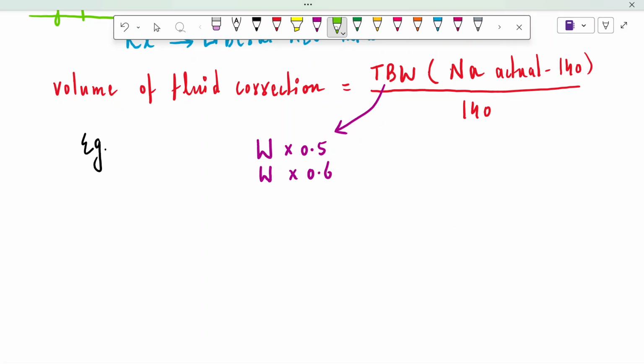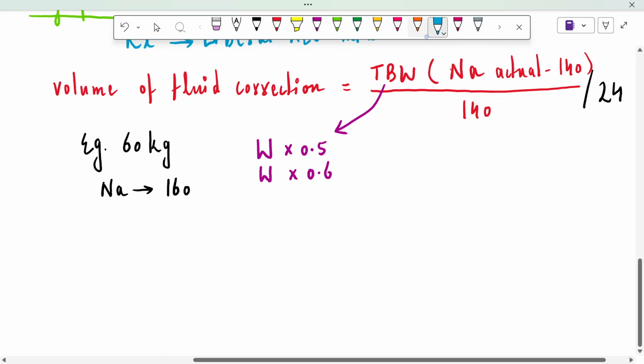So for example, if a female of 60 kgs is suffering from hypernatremia, and when the electrolyte panel comes in, the sodium came out to be 160, which is very high, right? So let's calculate the volume of fluid correction that must be given over 24 hours to correct the hypernatremia.